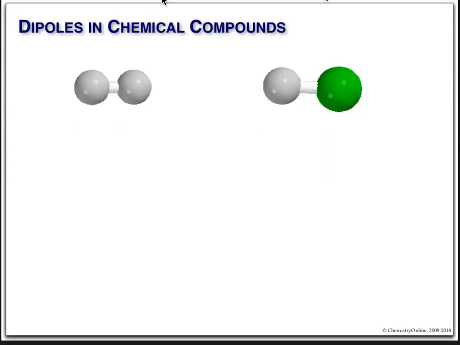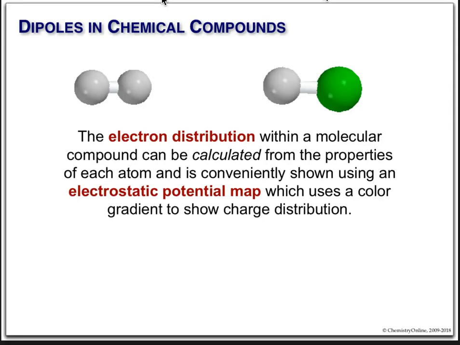We can show that in what's known as an electrostatic potential map. We'll use these later, but they're colored in a spectrum from red to blue.